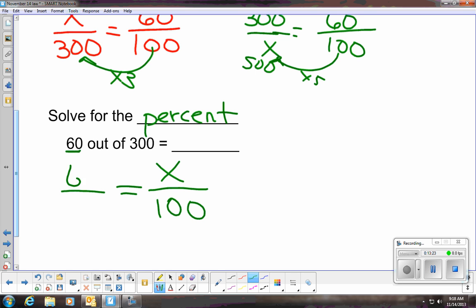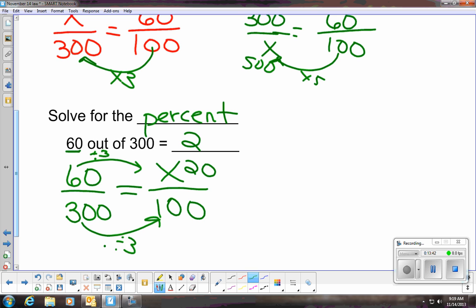The 60 is the part, and the 300 is the whole. Now we've got to go this way this time. 300, what am I going to do to 300 to get 100? Divide by 3, which ends up being 20. So 60, what is it, 20 what? Thank you, 20%. This time we need the percent sign because that's what we were looking for, was the percent.